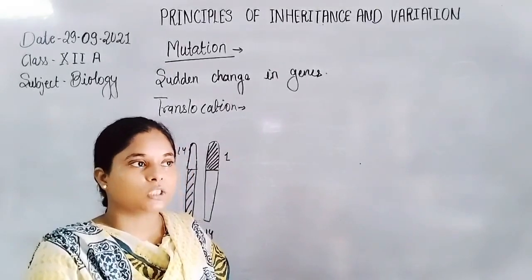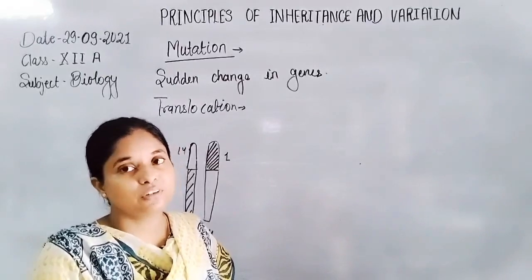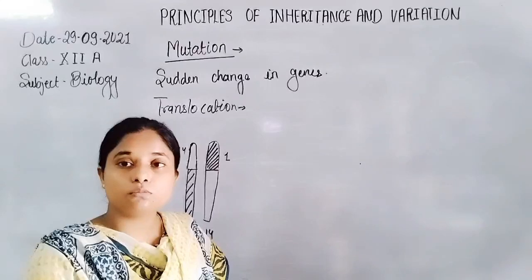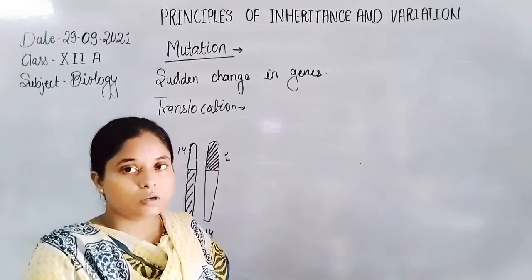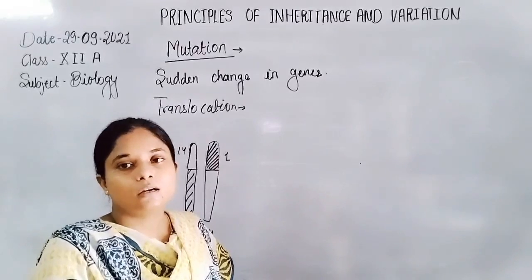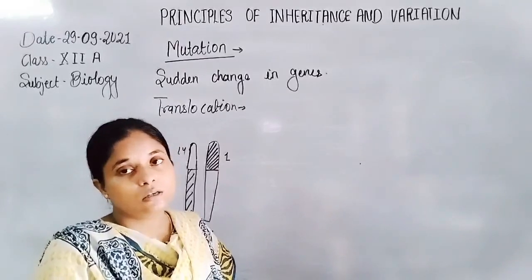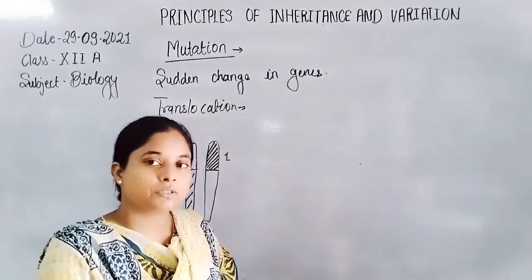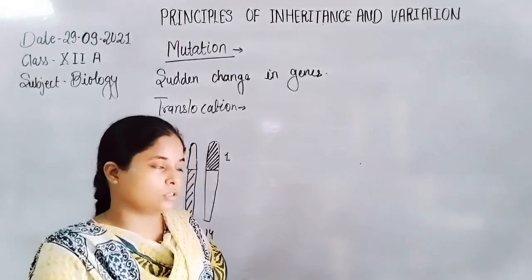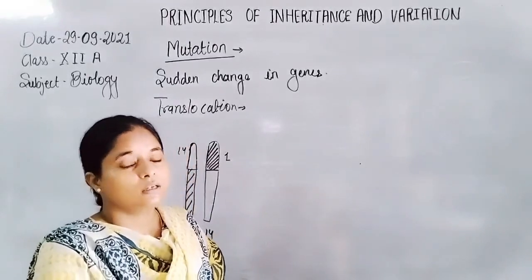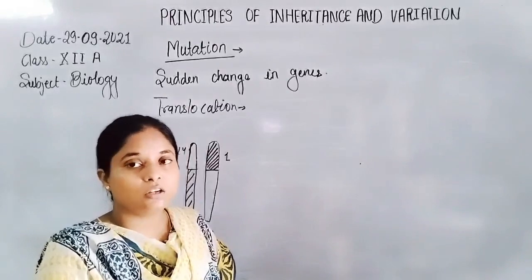Now another disease is hemophilia, which is a sex-linked disease present on the X chromosome. That's why it is known as a sex-linked disease, transferred from one generation to another generation. Hemophilia.